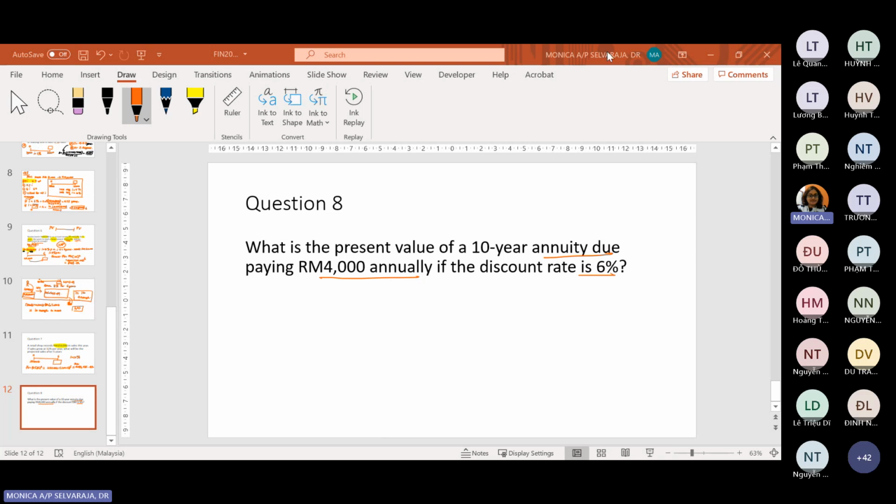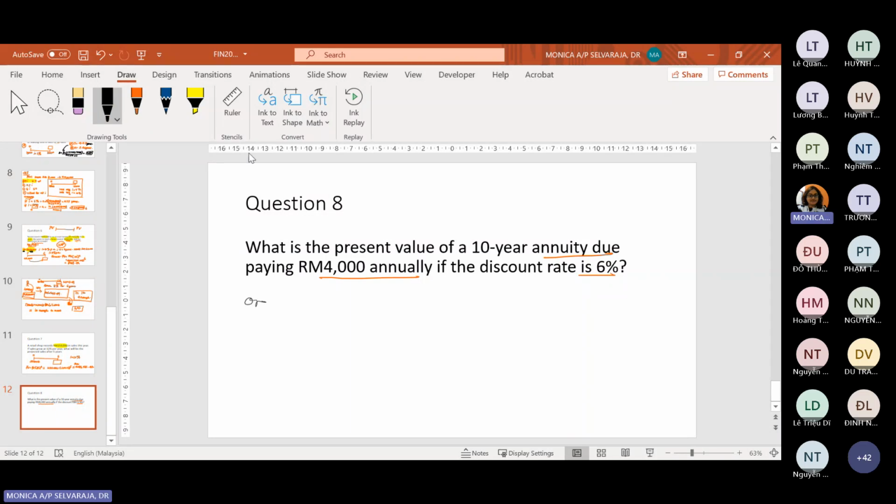What is your answer for that? Present value. Annuity due. So what's the difference? Due and ordinary, we have two types.